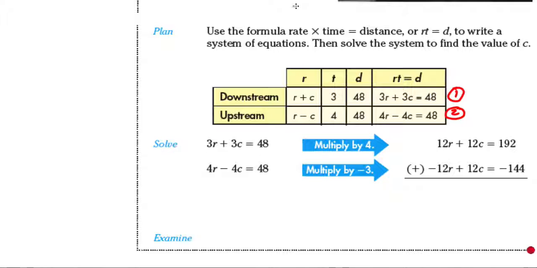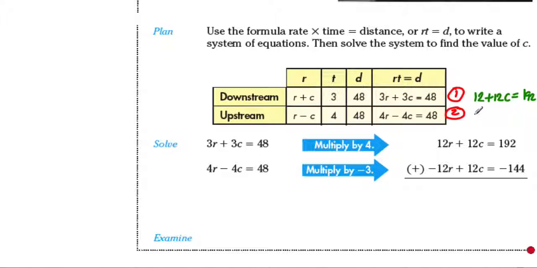Actually, what I said in the first place would have worked. If we simply multiply the first equation by 4 and the second equation by 3, we can eliminate C right away, because this is how it's going to look. If we multiply this one by 4, we end up with 12R plus 12C equals 192.